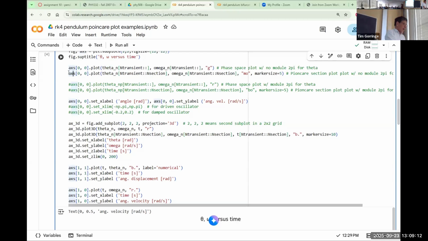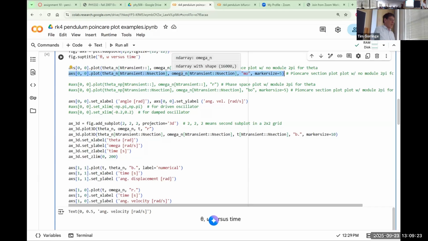The other plot I added looks almost the same. It's the same theta versus the same omega, so that's exactly the same. I've got slicing again, so I'm slicing off the first 10,000 points, the end transient.